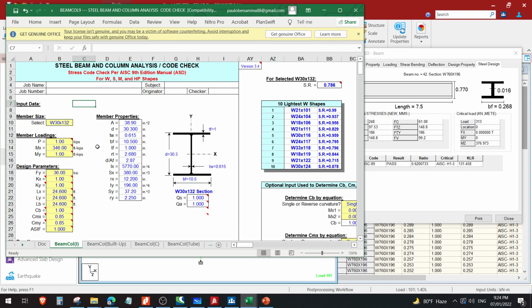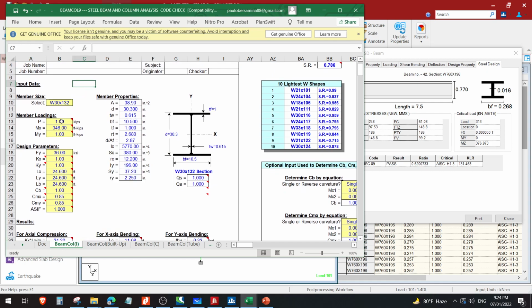Okay? Next is yung forces. So naglagay na lang ako ng small load, P and MY, para lang hindi siya mag-error. Then, ang lumabas na maximum moment natin is 377 kilonewton meter. Convert natin sa kip-feet kasi yun yung nare-recognize ng spreadsheet.